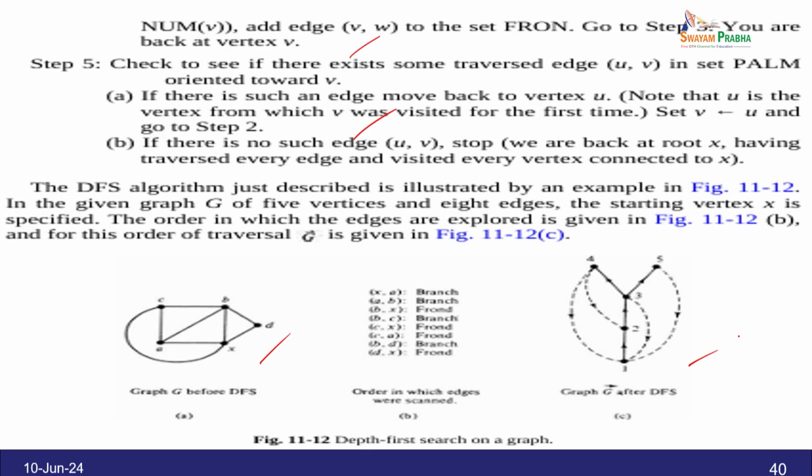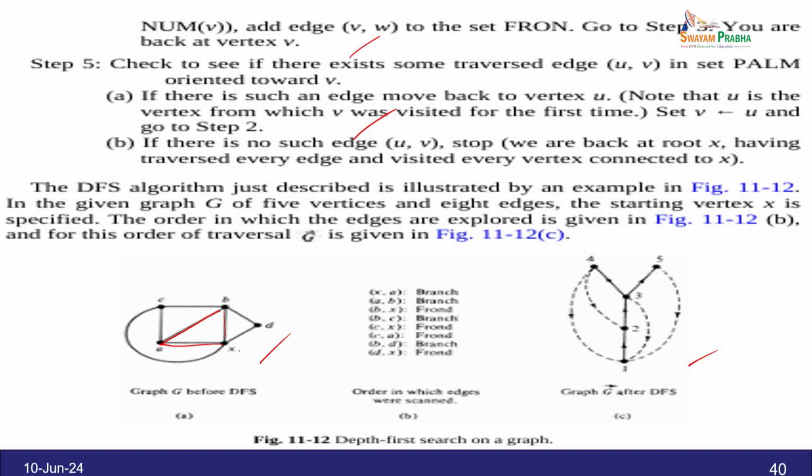Now for the traversal, you start with x, then x to A, then you have to do the branch, and then A to B. So we have a branch x to A to B, and then B to X, which forms a circuit.